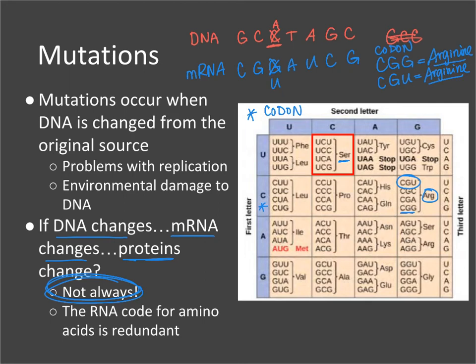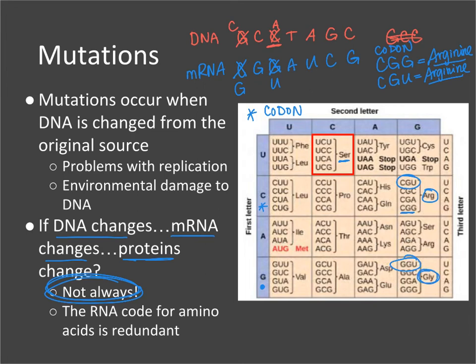So no big deal. Now, let's say instead of changing this third letter, we change the first letter. So now let's say that G gets changed to a C, which changes our mRNA, the first nucleotide, to a G. So now we've got GGU, and GGU codes for glycine.